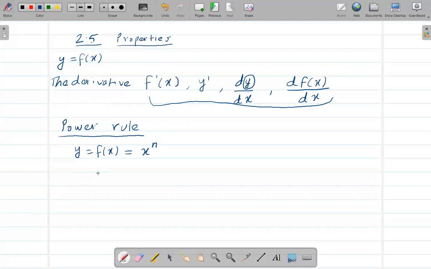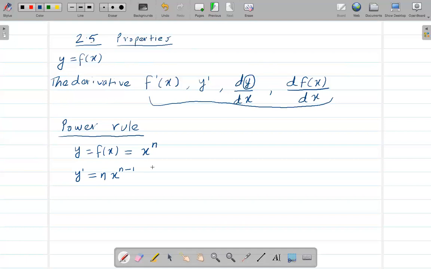Now, finding the derivative of this kind of function, the derivative here, let's say y prime, is equal to, using the power rule, I can bring this n down here. So n times x to the power of the new power, which will be n minus 1. All right, so this is the power rule.